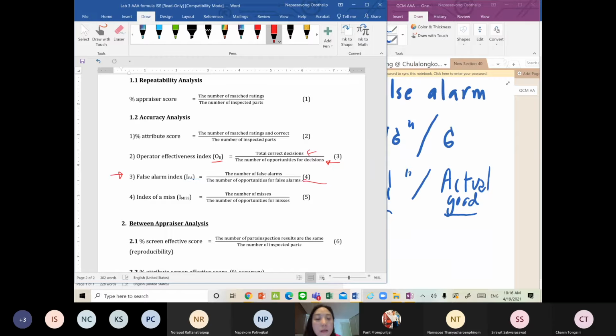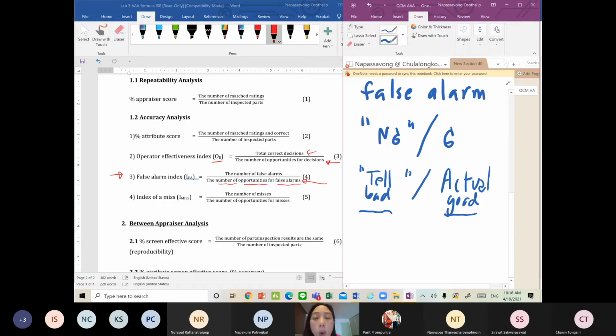On the lower side, we will compare with the number of opportunities for false alarm. The opportunity for false alarm means the false alarm can happen when the actual quality of the part is good.